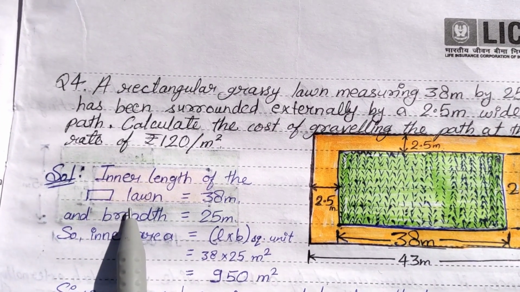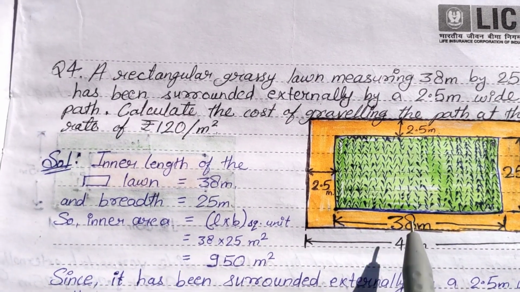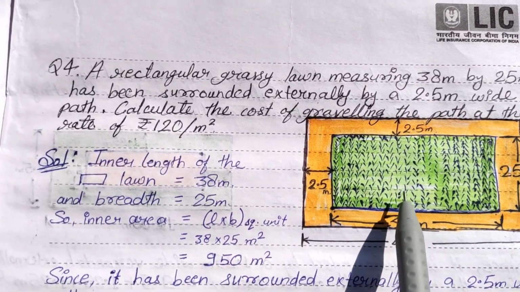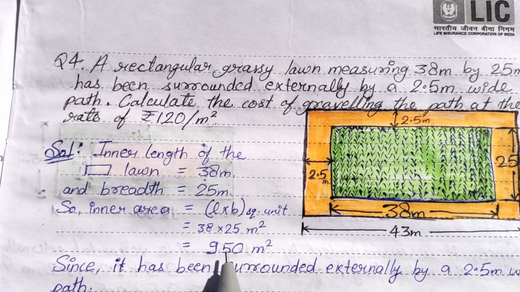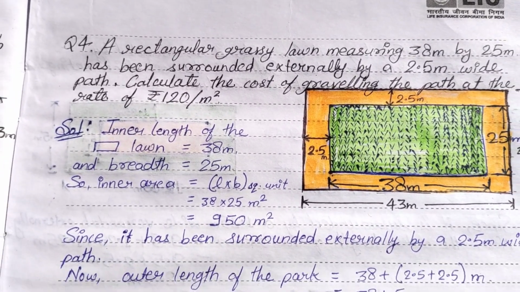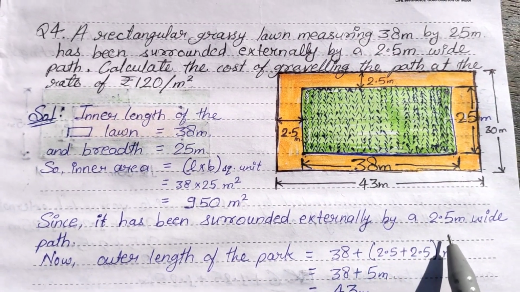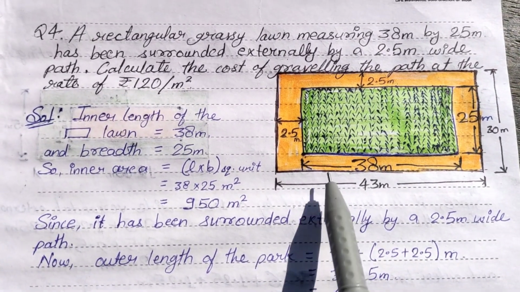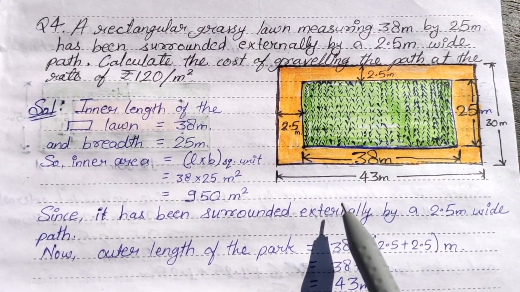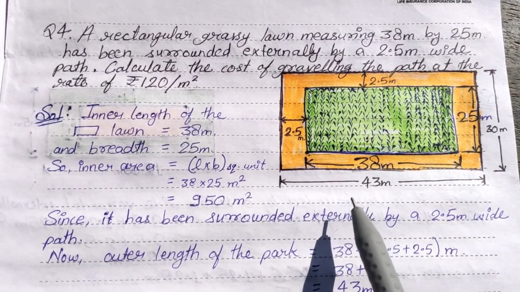Inner length of the rectangular lawn 38, inner breadth 25. So inner area, or say this grassy area, is length into breadth, or say 950 meter square. Now since it has been surrounded externally by a 2.5 meter wide path, the path is outside of the lawn.